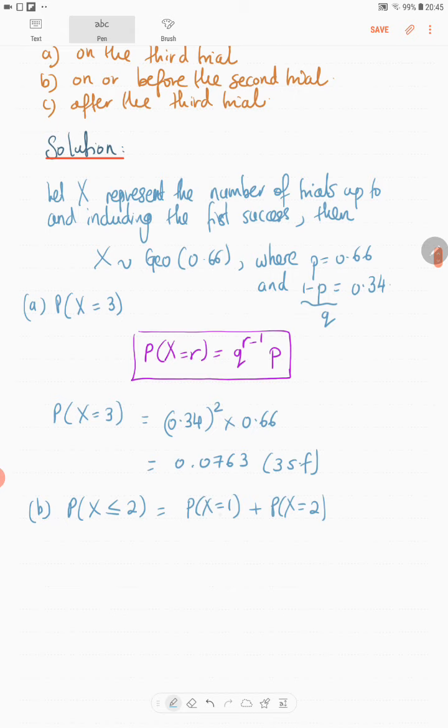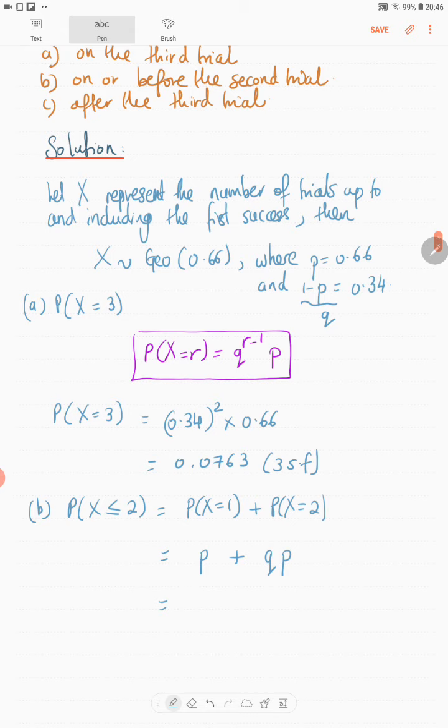So the first success can occur on the first trial or on the second trial. So probability X is equal to 1: we obtain success on the first trial itself, so it is P. Plus, here success is obtained on the second trial, that is we have failure on the first trial, which is Q or 1 minus P, and then success on the second trial, which is P.